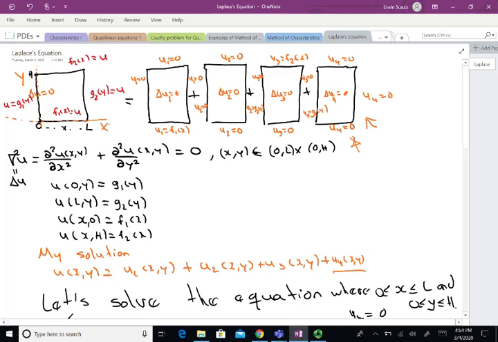You can split that linear Laplace equation into the sum of four equations that you will solve independently, and then you'll have the solutions. So the total thing will be split in four parts.